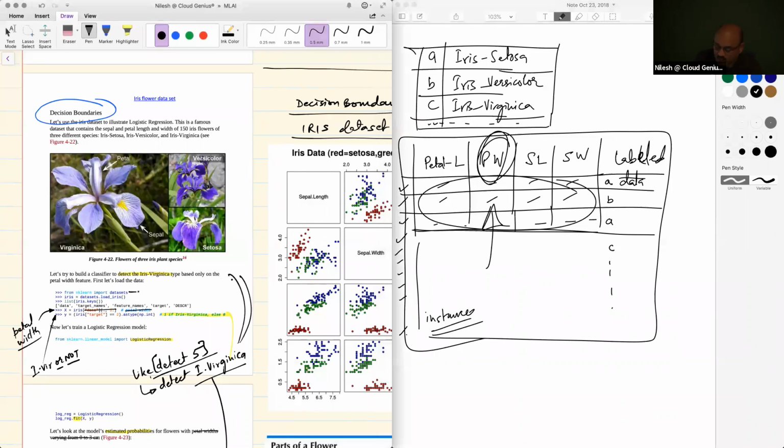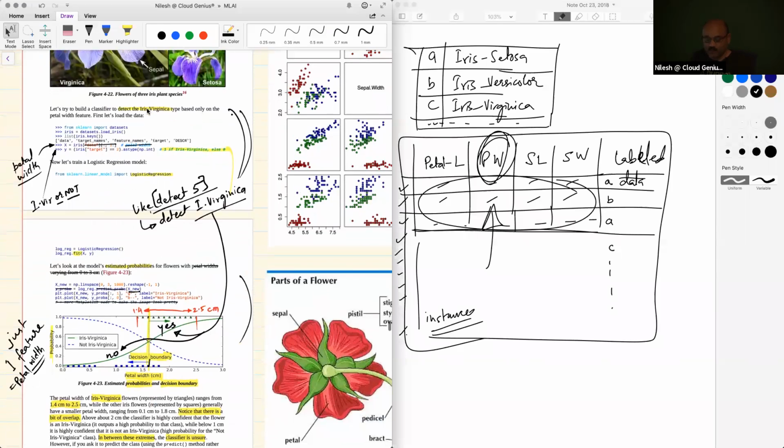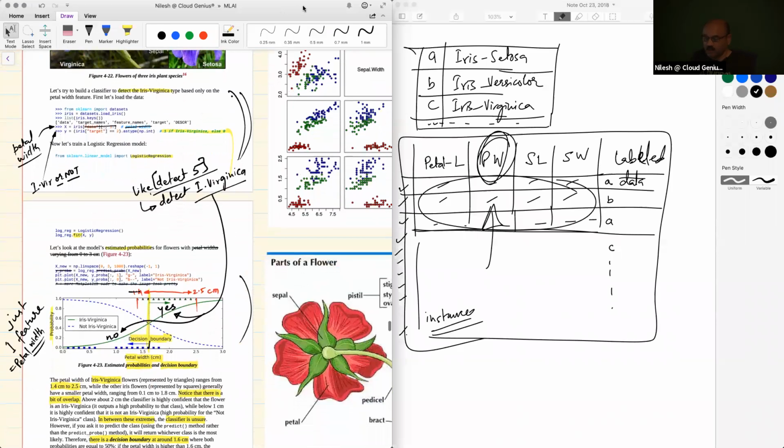We import the data set, and then, let me scroll a little bit before I start writing on this. Scrolling, adjusting this, and then annotating. So we import the data set here. Then we load it, and then we list what we have.